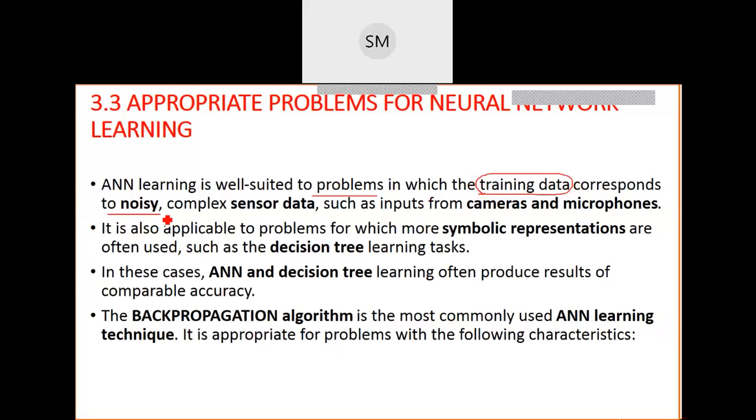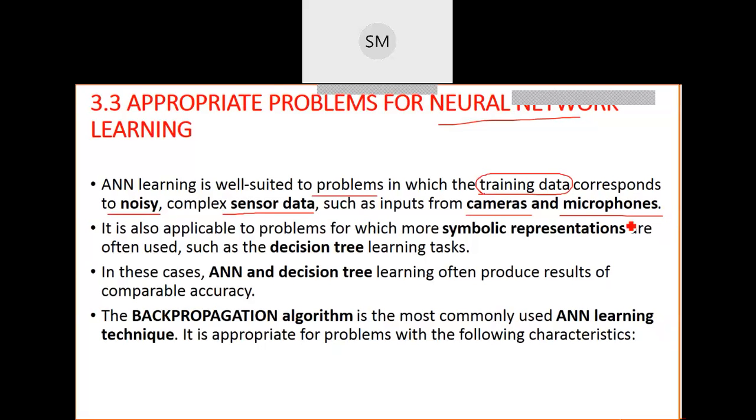It means that if our problems have some noise or some errors, and are also dealing with sensor data, like the camera in our autonomous car, and if that data has some errors and noise, then we can use artificial neural networks. Examples of sensor data are, as I just told you, cameras and microphones. If you are dealing with this type of data in your problem, then you can use this neural network.